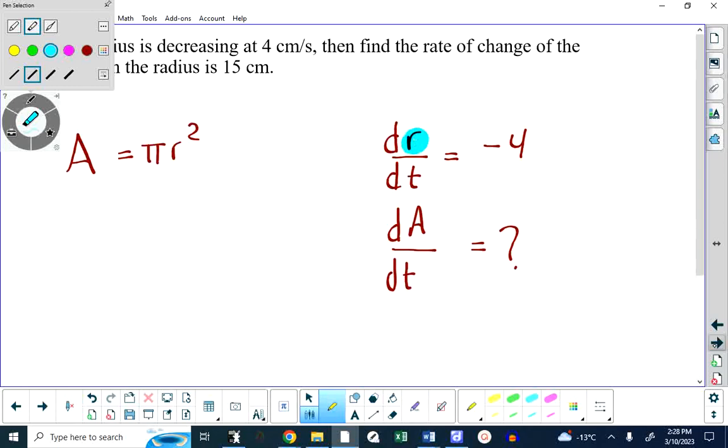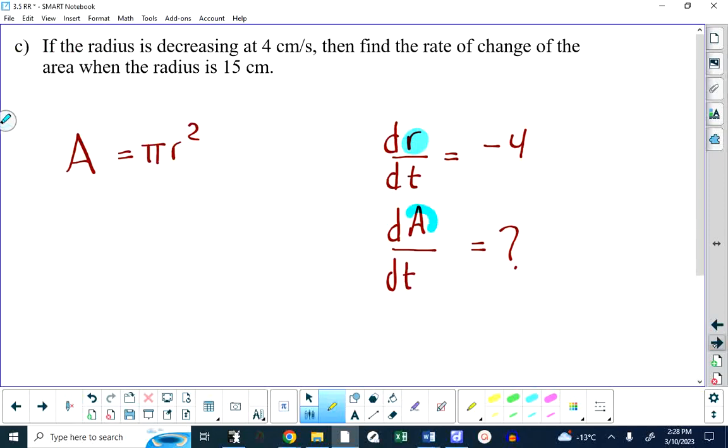One of the variables whose rate of change I know is r. The other variable whose rate of change I want to find is A. Your problem now is, how are those variables related? A equals pi r squared.